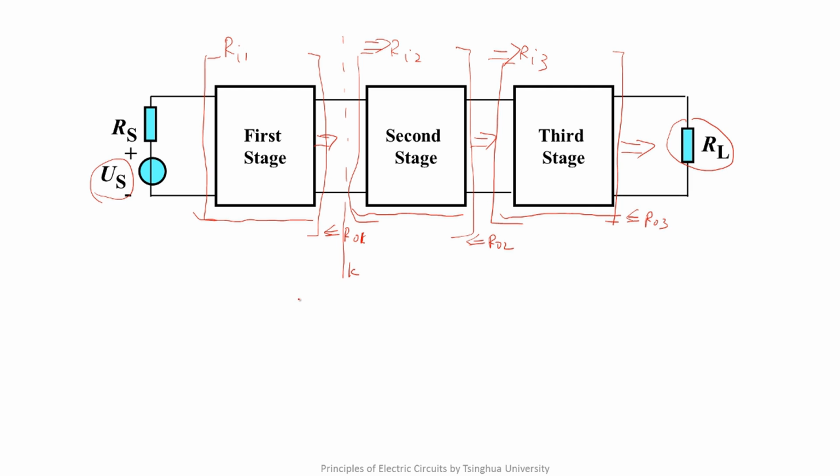It's a series connection of USK and the stage K output resistance ROK and the stage K plus 1 input resistance RIK plus 1. It's a voltage divider circuit. If the signal can be transmitted to the next stage with little loss, the input resistance of every stage should be as large as possible, and the output resistance of every stage should be as small as possible.